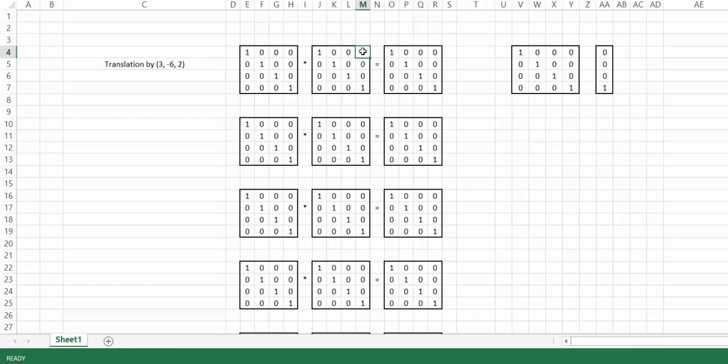So I can just say 3, minus 6, 2, and we'll end up with this. We don't need this until the second problem, when we're going to take a few of those transformations and add them up. So let's stick to one node for now.